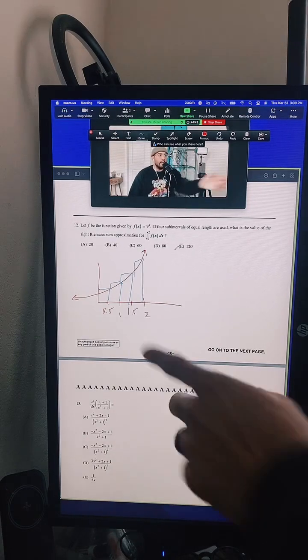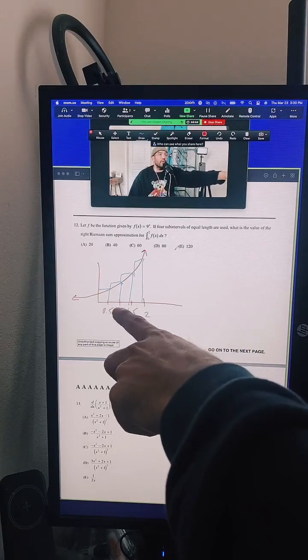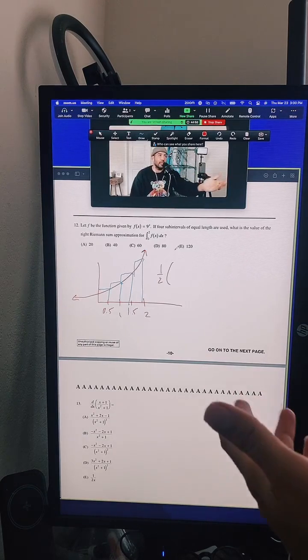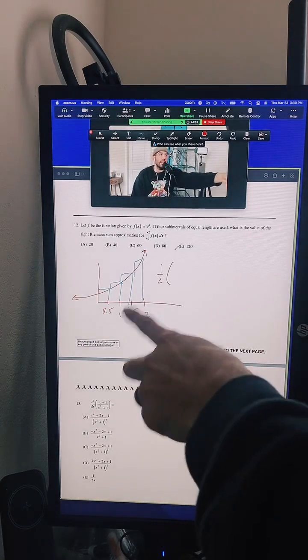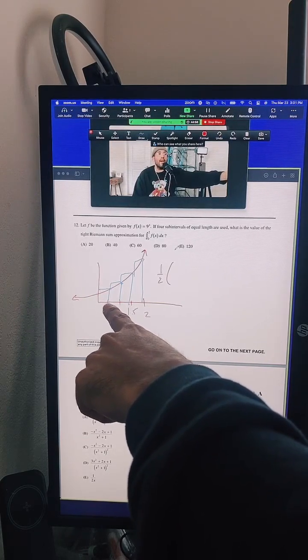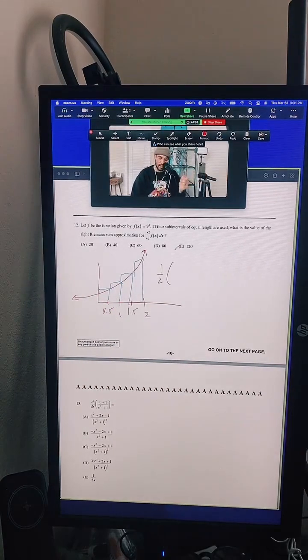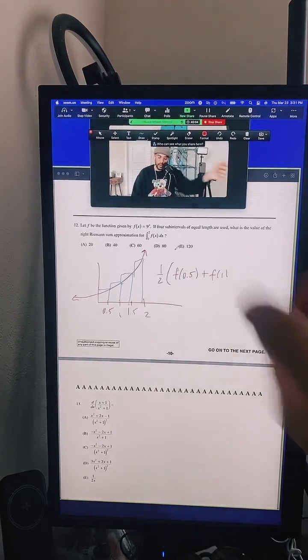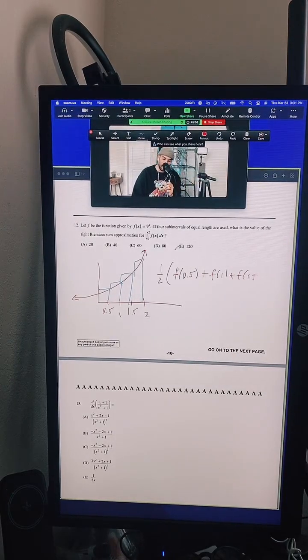Every single rectangle here has a width of 1/2. So we're going to do 1/2 times, and now we're just going to take the right values of each rectangle. For the first rectangle, we take the y value at 0.5. So we're trying to do f of 0.5 plus f of 1, that's the next value, and then for the next rectangle, f of 1.5 plus f of 2.